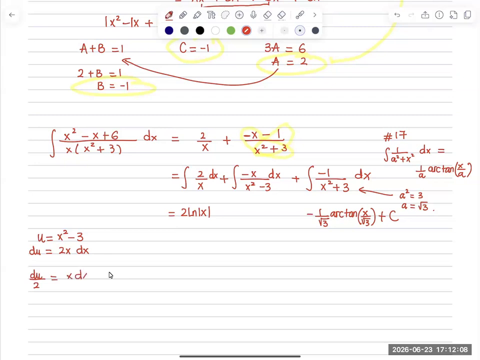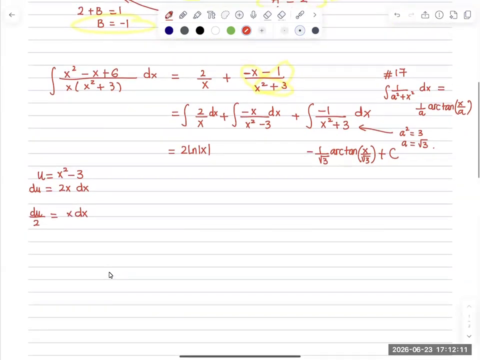I have x dx. Then my integral of negative x over x squared plus 3 dx will become, with the top becoming du, negative du over u, or you can write 1 over u du. That gives negative ln u, which is negative ln of x squared plus 3.